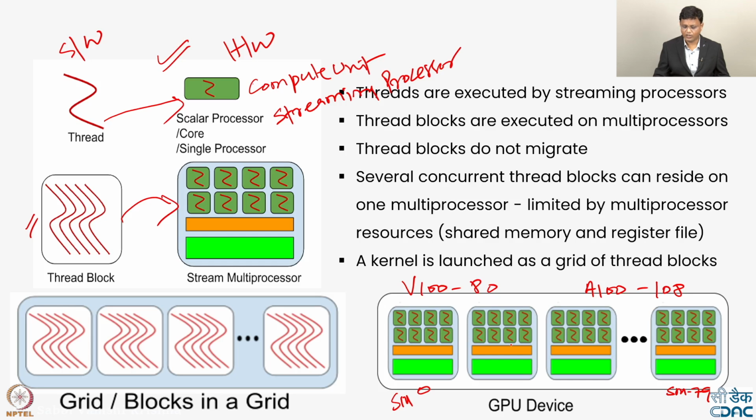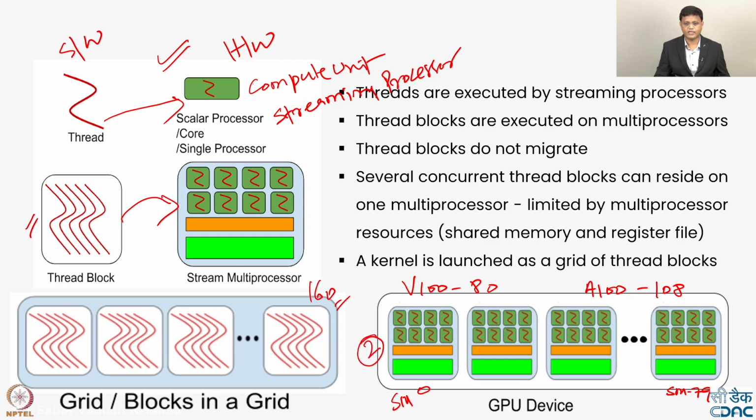Suppose the scenario: I have 80 SMs as per this diagram, considering V100, and I have launched a grid which has 160 thread blocks. That means each SM must process at least 2 thread blocks.